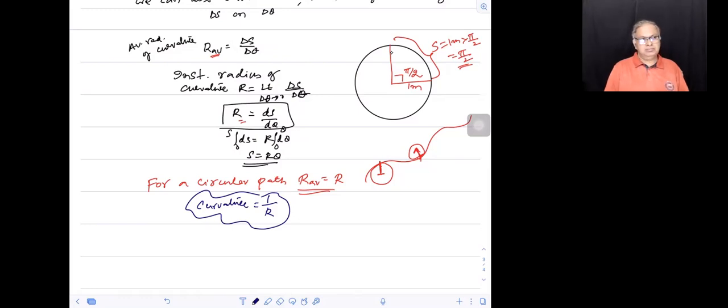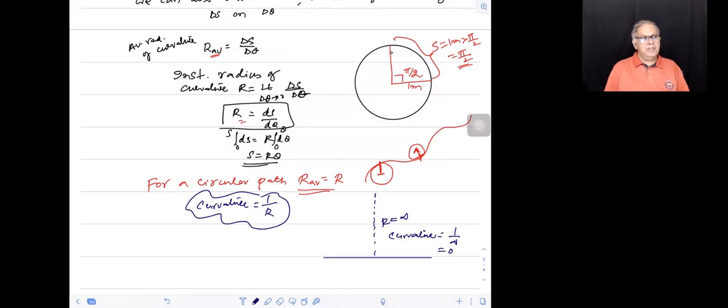For a flat surface, R is at infinity. I don't know whether you understand the meaning of it. To say that it's flat, mathematically we say its radius of curvature is infinity. Therefore, its curvature is 0, because 1 by infinity. Curvature is 0 means flat.